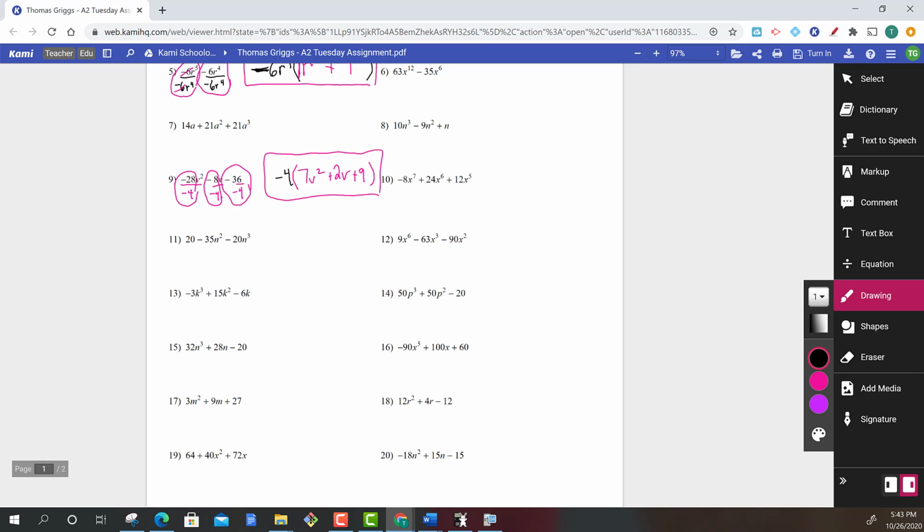It's going to be a positive number because the way the problem is written, that lead coefficient is a positive 20. So the GCF in this problem, the biggest number that goes into 20, negative 35, and negative 20 is 5. So we're going to divide all three of these terms by the greatest common factor of 5, and we're going to get 4 minus 7n squared minus 4 n to the third.